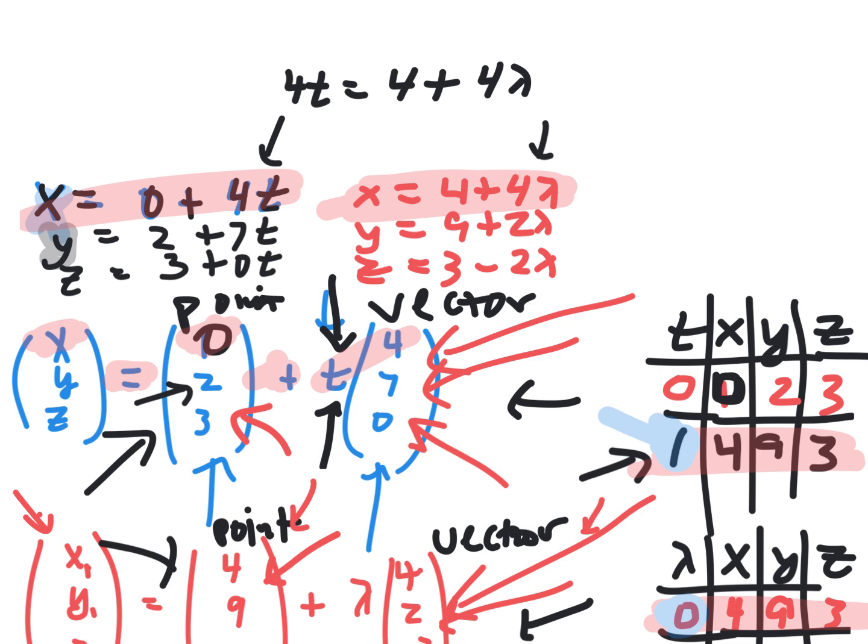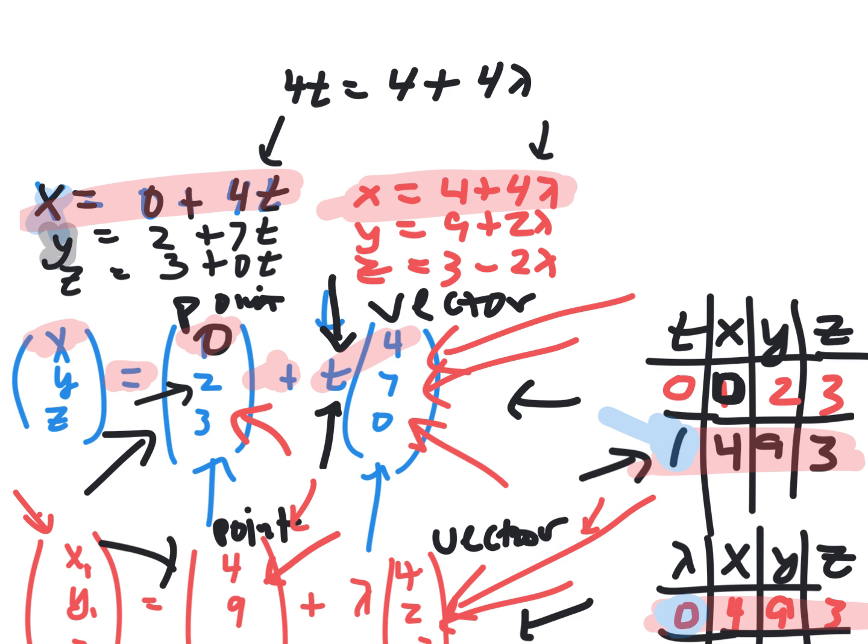Now you might feel like, okay, that's great, Mr. Server, but you haven't actually solved it. You don't know what t is and you don't know what lambda is. You're right. But I'm going to have a system of 3 equations and 3 variables, and you can solve that.